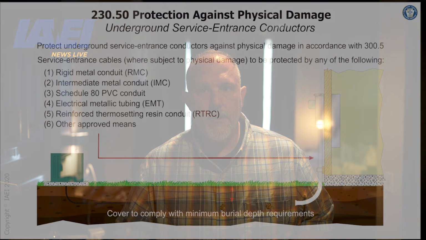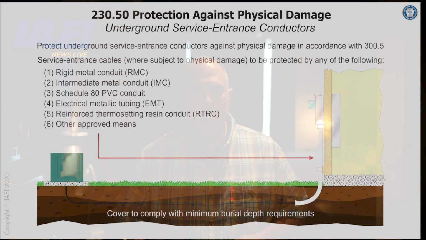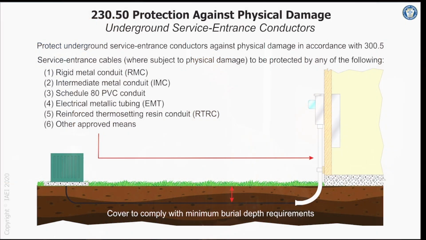I think it's important to understand some of the reasons why. If you look at a section and you're reading the language, putting it into perspective of understanding the why helps you understand some of the language. And there's when you're burying, direct burial, etc. These conductors have depth restrictions, etc. So when you have underground service entrance conductors, again, we're worried about these are unprotected conductors.